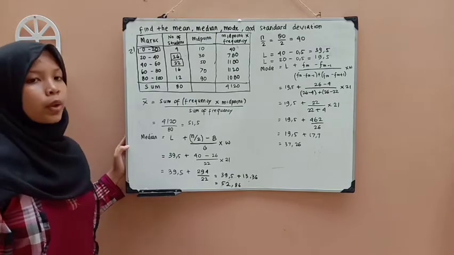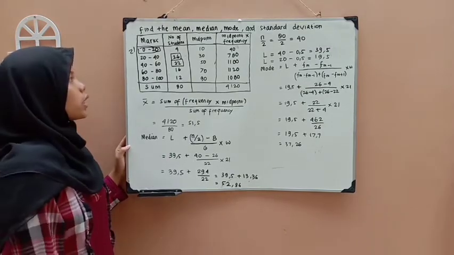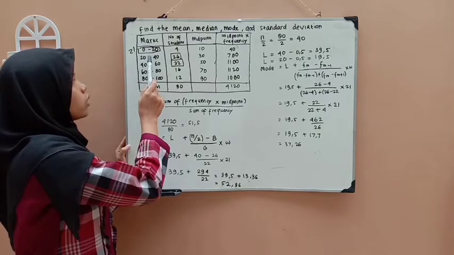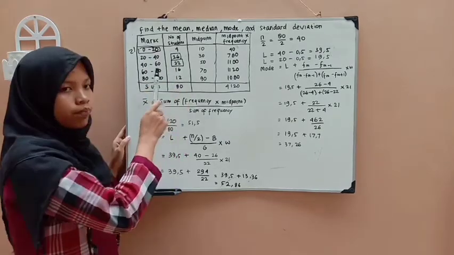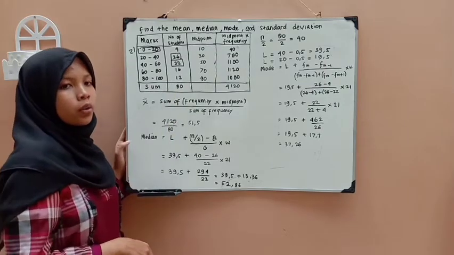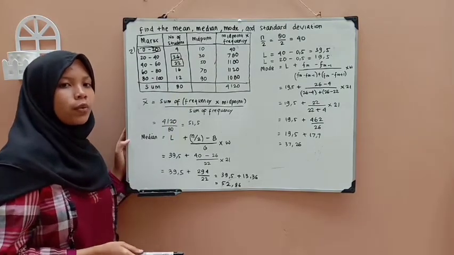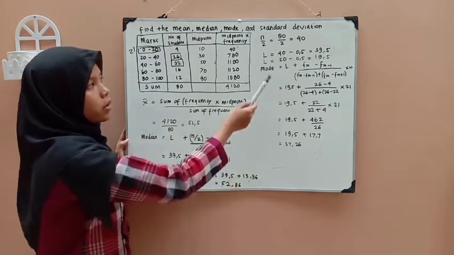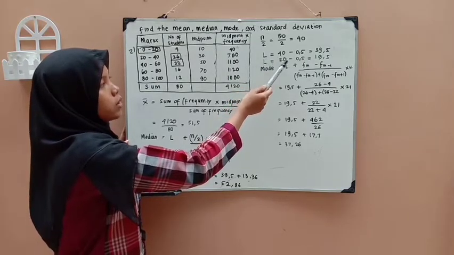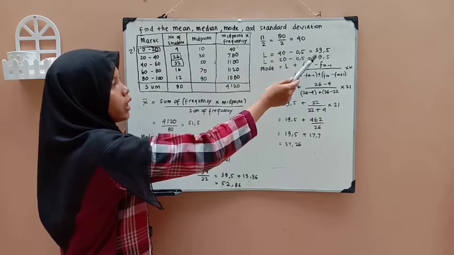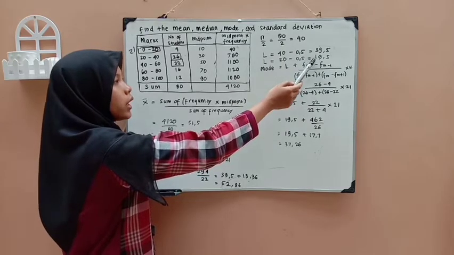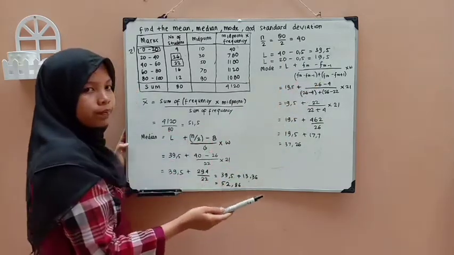The highest frequency in the marks is 20 to 40, equals 26. So the lower class boundary of the modal group is L equals 20 minus 0,5 equals 19,5.